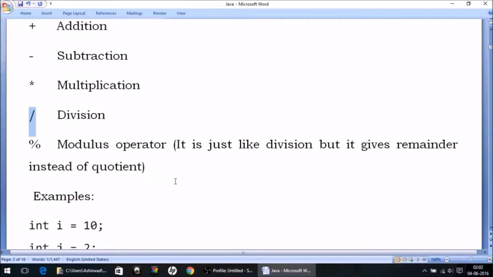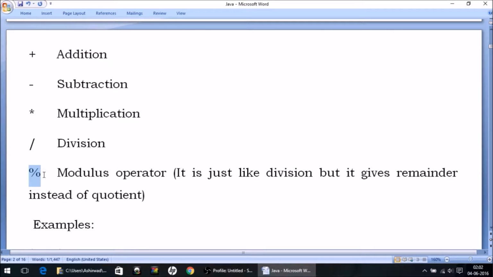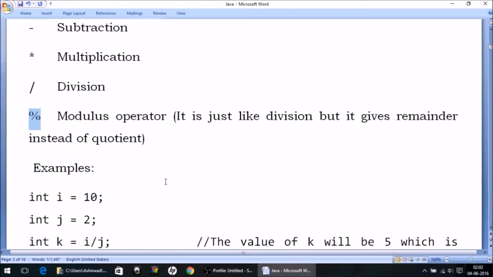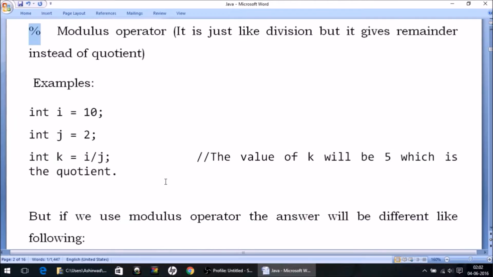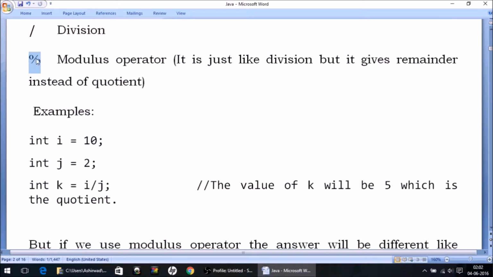We have already discussed the modulus operator, so let us recall it one more time. This example which I have written shows the usage of the modulus operator. It often gives confusion with the division operator.